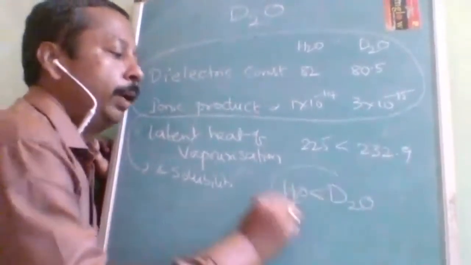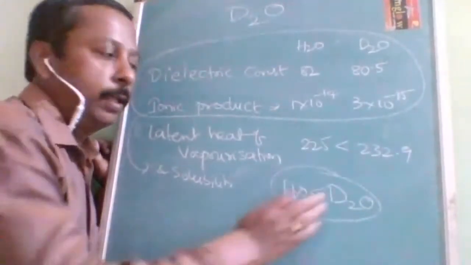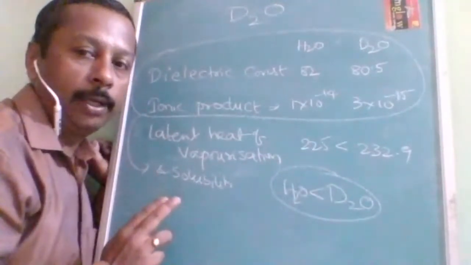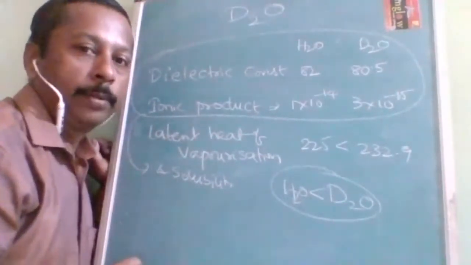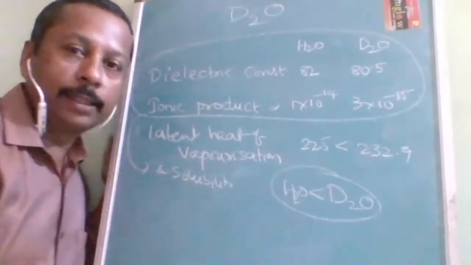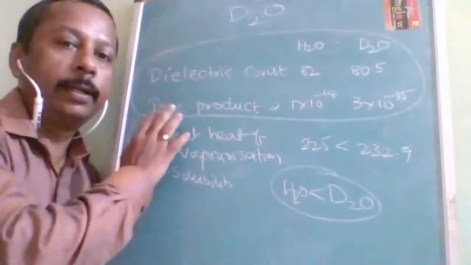Melting point, boiling point, all will be more for D2O, but only two properties differ. What are those two properties? I have written them here. Understood?